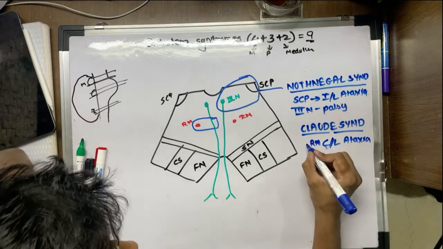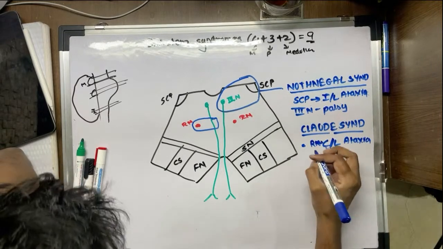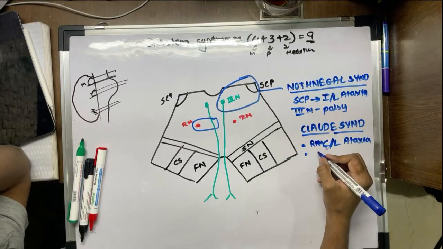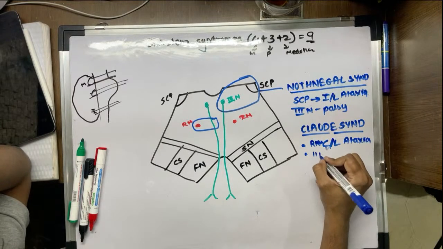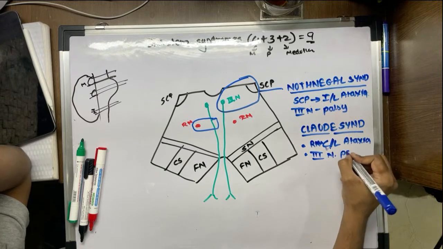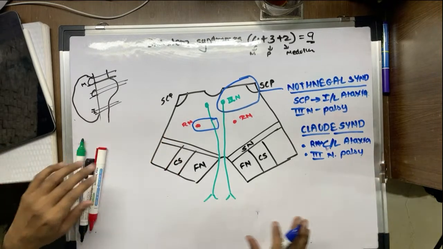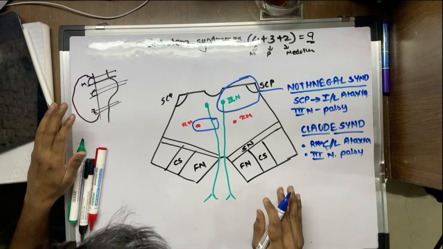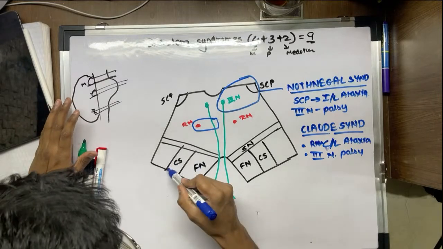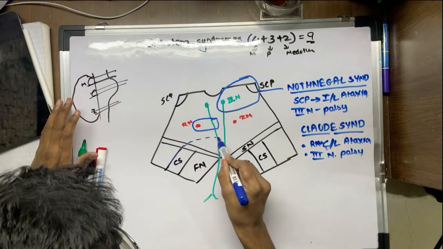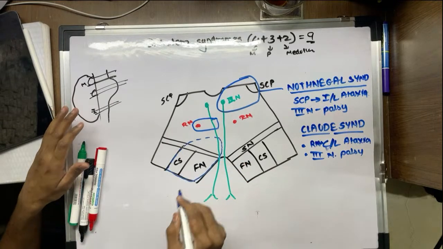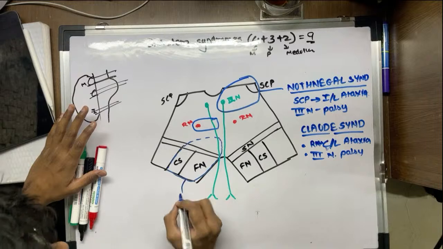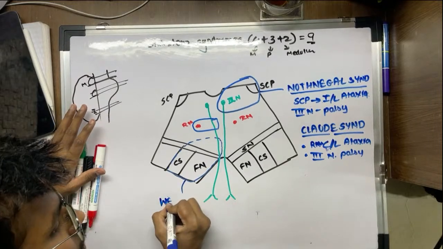I'm really sorry. First, red nucleus involvement causes contralateral ataxia, and third nerve palsy. This is it. This is all you have to remember about Claude's syndrome. Now, the third syndrome is basically this. Okay. Now, this is called Weber's syndrome.